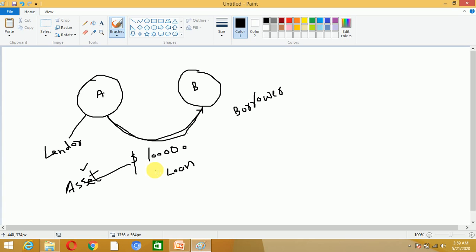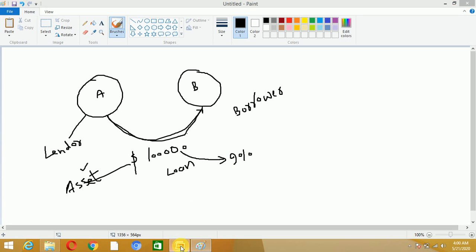So the asset belongs to A, but A is giving permission to B to use this asset, but that use is for some amount. And that amount is basically a percentage of the original amount.